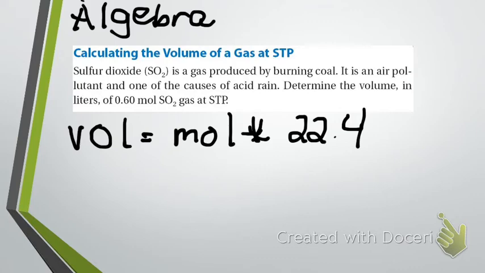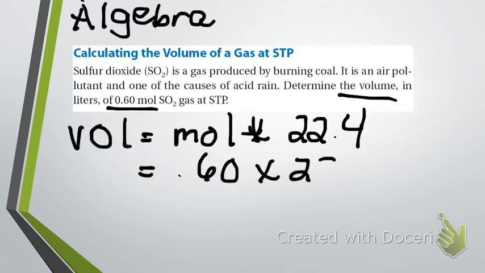Let's try the same problem but with algebra. There's your formula: volume equals moles times 22.4. So here's our moles. We need to find volume. So volume equals 0.60 times 22.4.